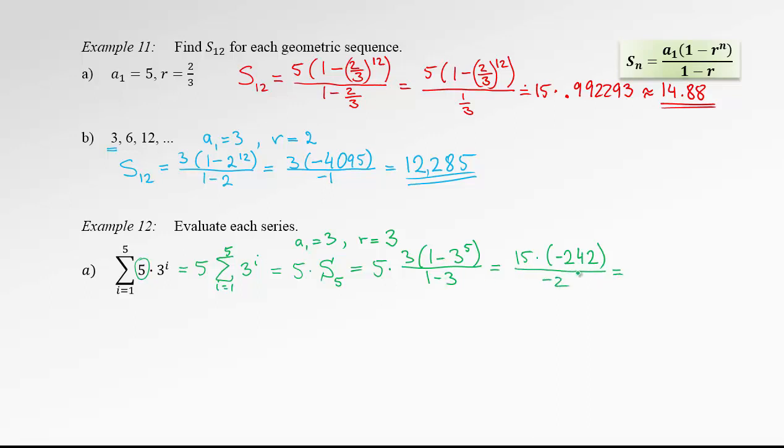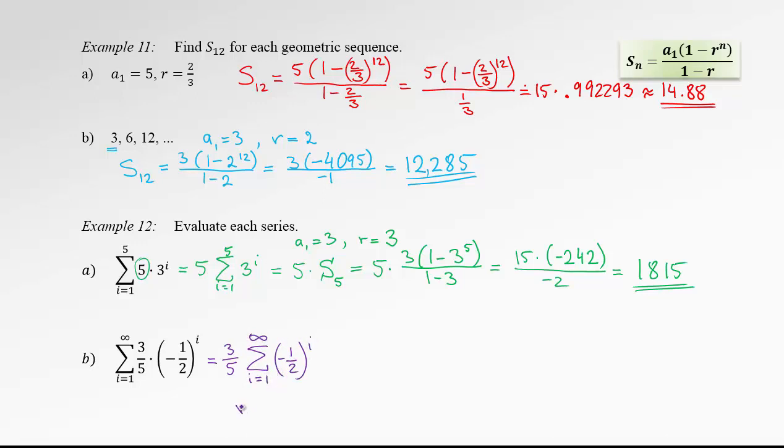So altogether, this whole sum is positive 1815. Again, check it on your own.